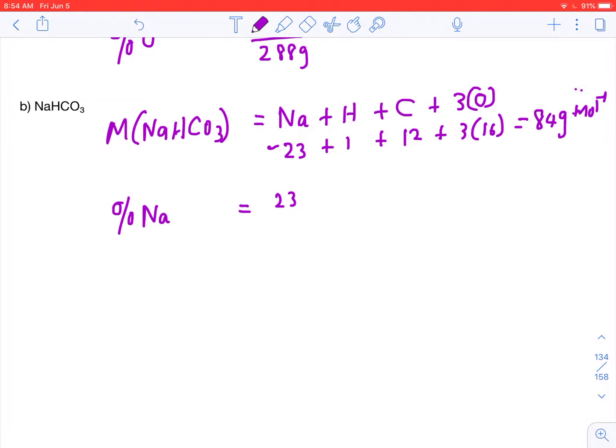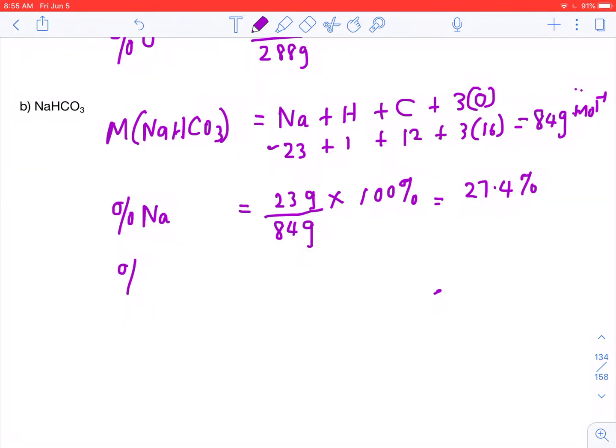All right, so if we just look at it in terms of grams, we got 23 grams upon 84 grams, which is the total, times 100, which is then equal to 27.4%.